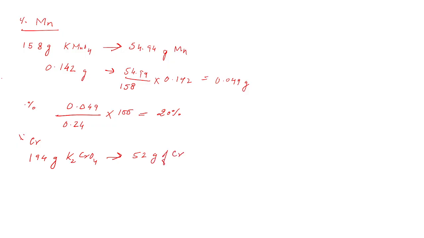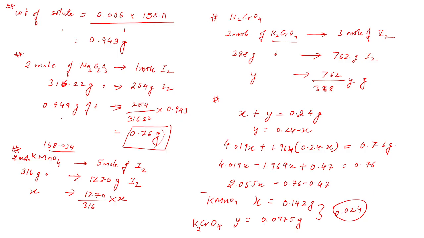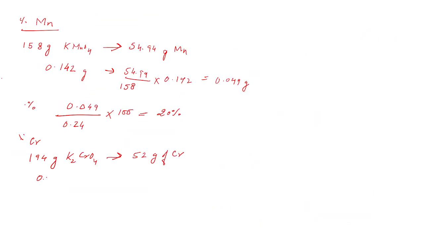Okay, then 0.0975 gram of K2CrO4 has 52 divided by 194 multiplied by 0.0975 gram of chromium, and if you solve this you will find around 0.0264 gram.